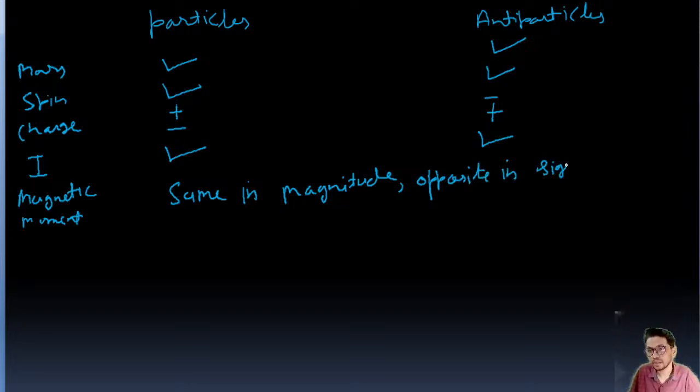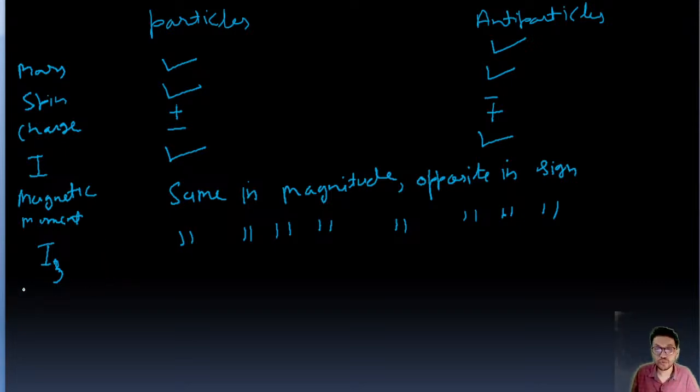Similarly, I3, the third component of isospin, is the same in magnitude, but opposite in sign. So this is the isospin for particle and antiparticle.